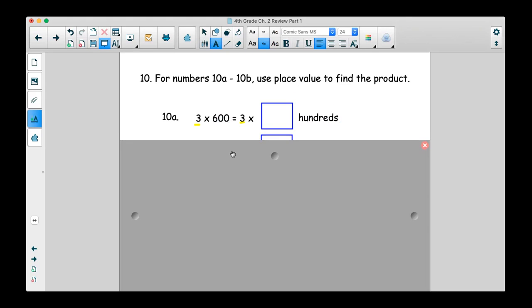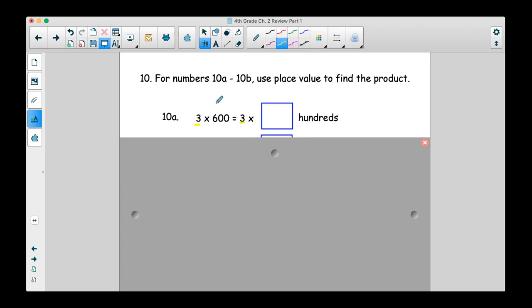So if you think about it, 600 is actually made of 6 times 100. Would you guys agree with that? So then basically, if you know that 600 is made of 6 times 100, you can kind of see the answers.